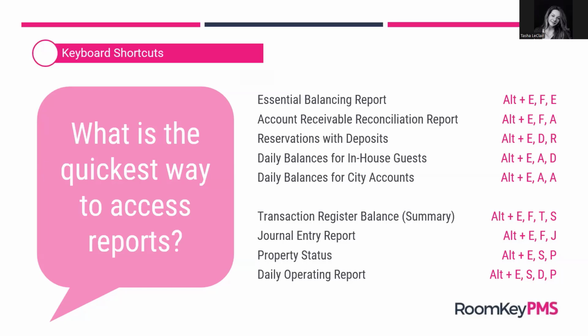Then your night auditor is often doing some reconciliation using the transaction register balance report and journal entry reports. And then they may also be printing off or accessing some of those statistical reports, like the property status report or that daily operating report we just looked at.